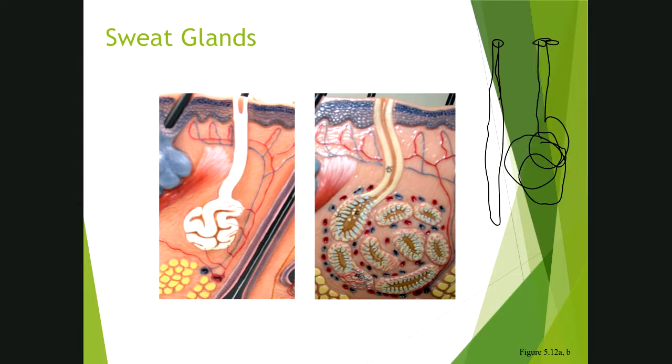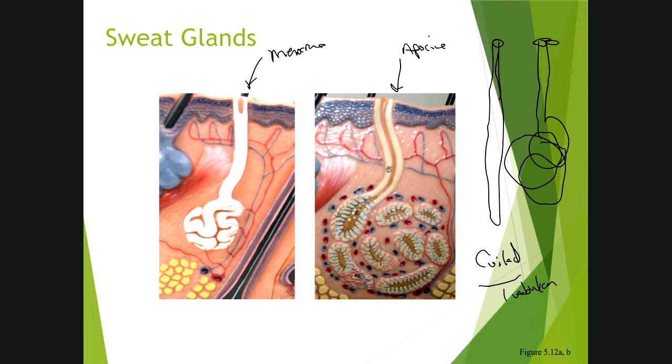They're called coiled tubular glands, but they're still tubular. And we have two types. We have merocrine, so they're coiled tubular and merocrine. And we have apocrine, coiled tubular and apocrine.